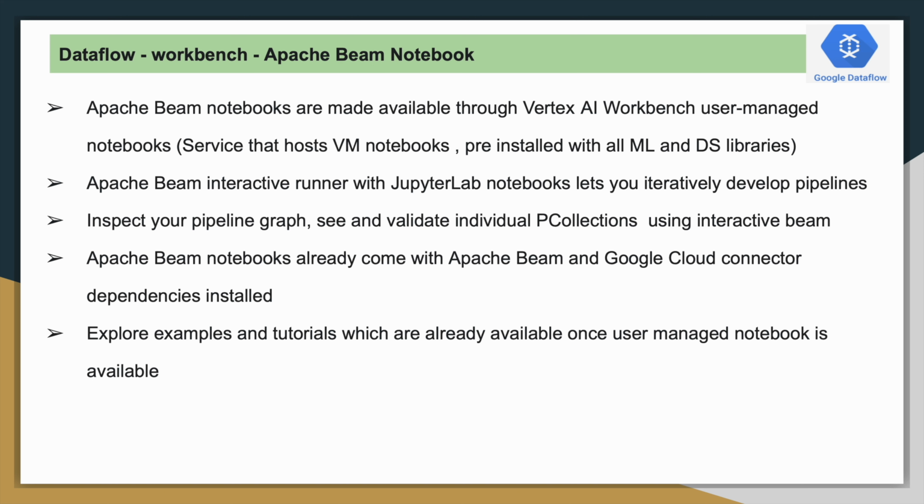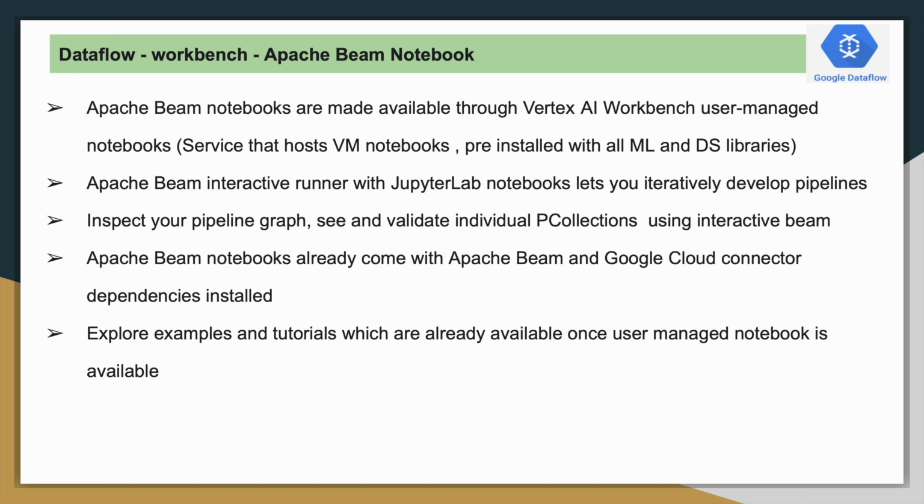This is one of the cool features and greatest advantages we have when we use Apache Beam notebooks. Apache Beam notebooks come with an interactive runner, in a JupyterLab notebooks environment, which allows us to develop our pipelines in an iterative manner.